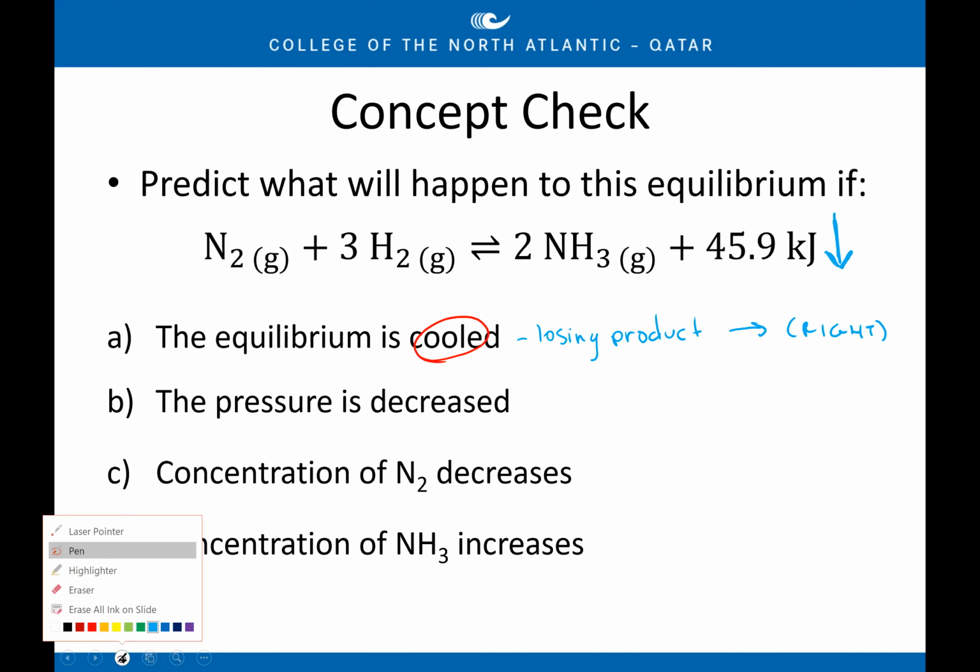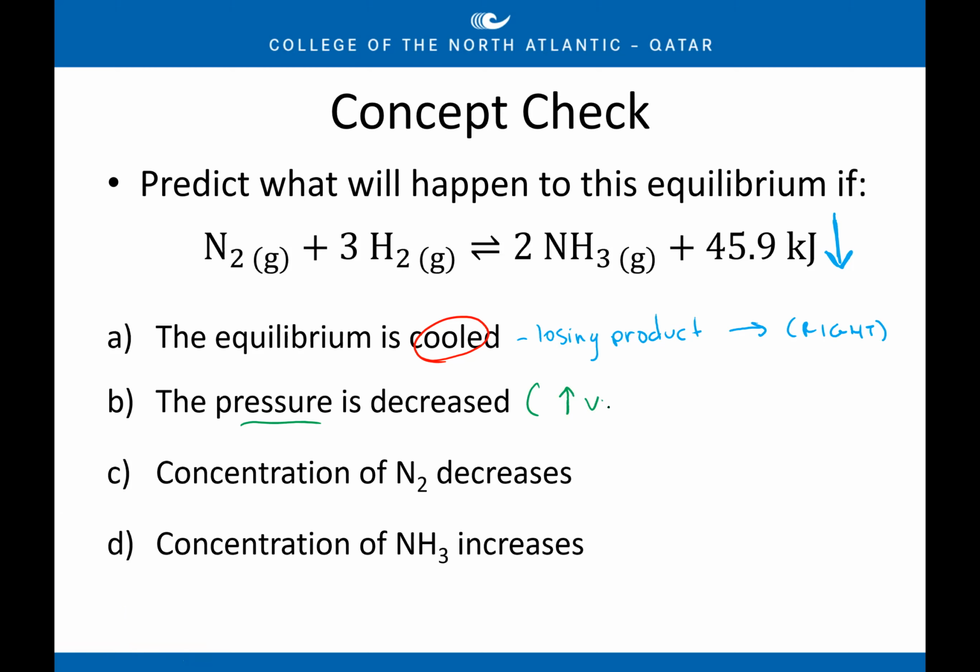Let's go green for the next one. The pressure is decreased. So pressure being decreased means more volume. Because we have more volume, we can handle more moles of gas. Some people had the answer not correct in the chat there. Increased volume means more moles of gas.